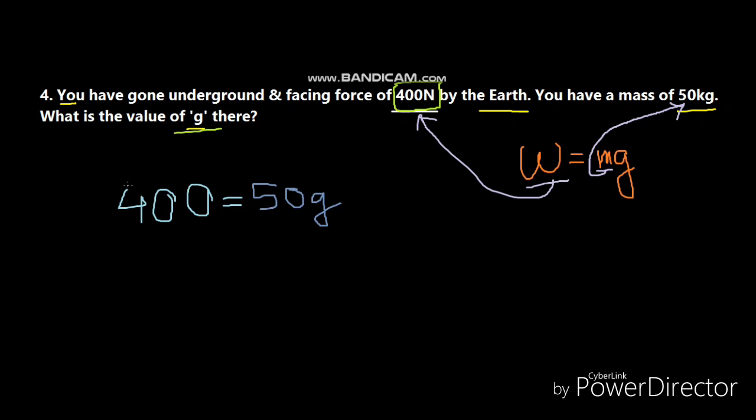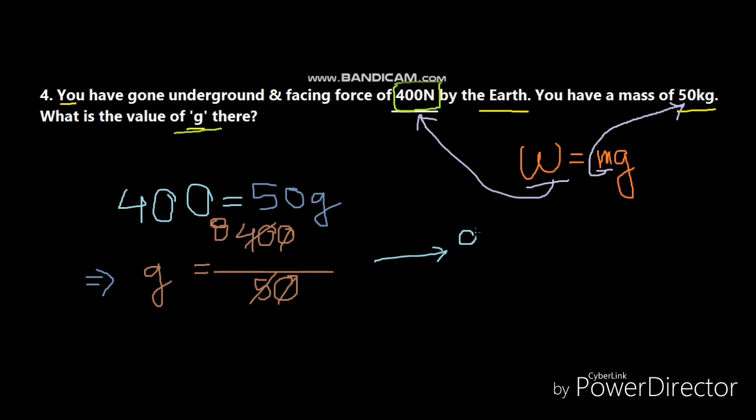Arranging this equation, the value of g will be 400 over 50. This will be the value of g underground. The zeros cancel out, and 40 over 5 is 8.